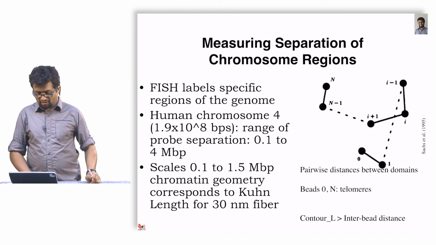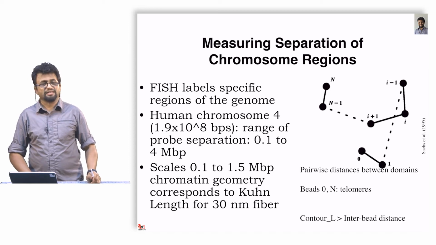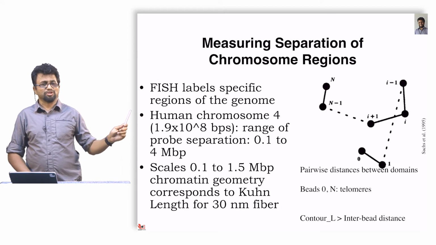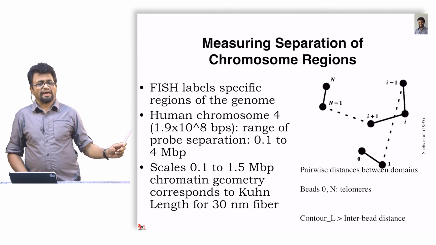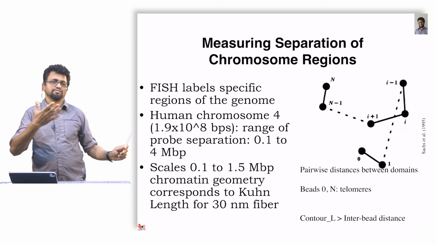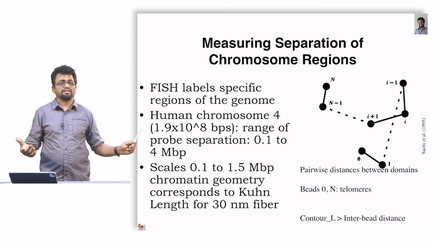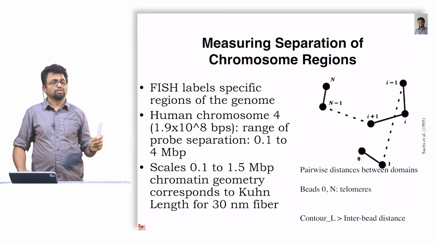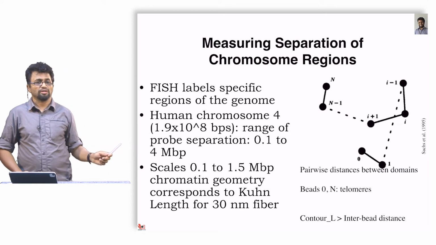This experiment was done in 1995 by Yokota et al., who did FISH labels of specific regions of the genome like we just discussed. They took human chromosome 4, because there are 23 chromosome pairs in humans, and looked at it in cell culture cells, where the range of probe separation was 0.1 to 4 megabases.